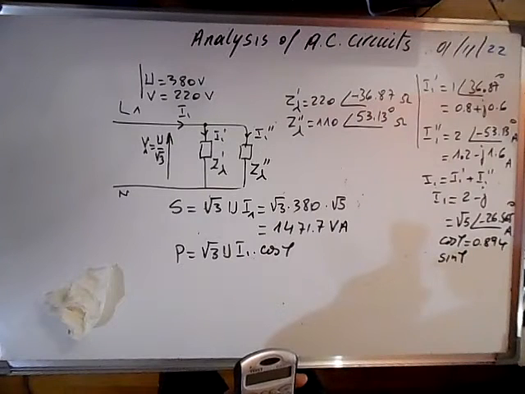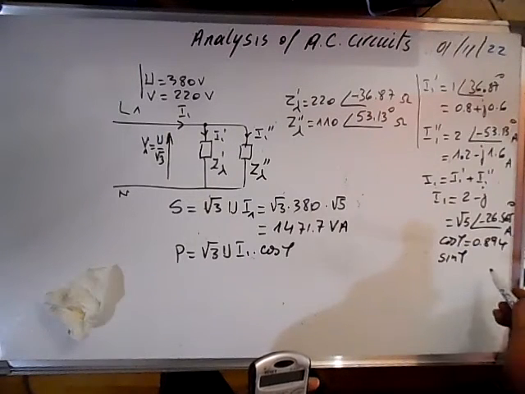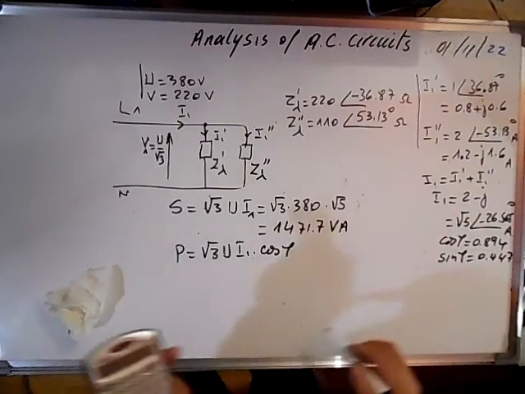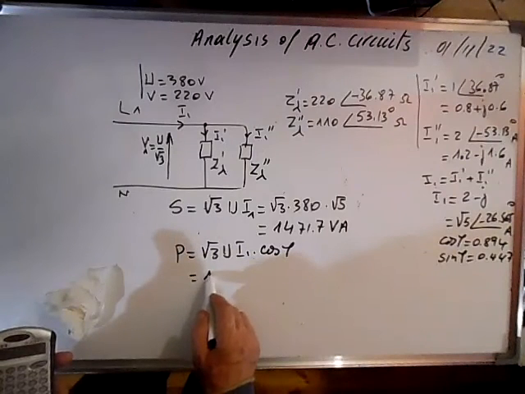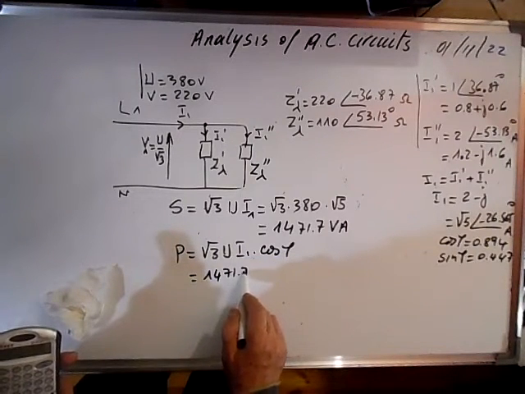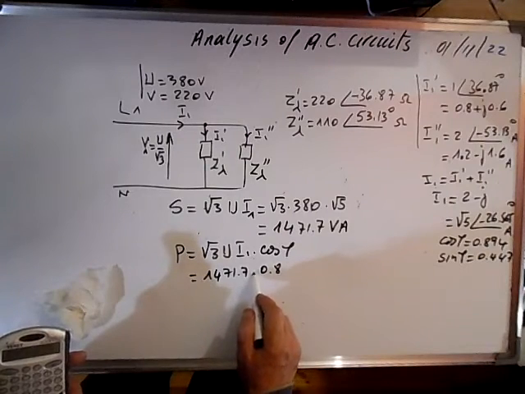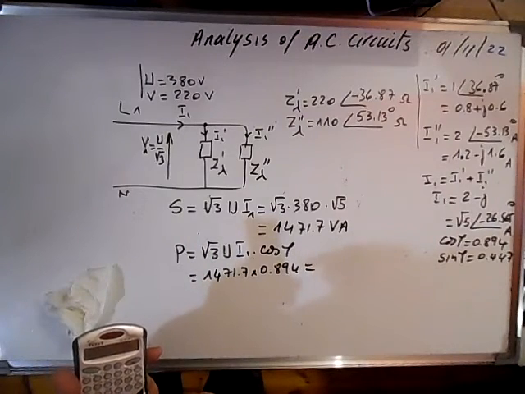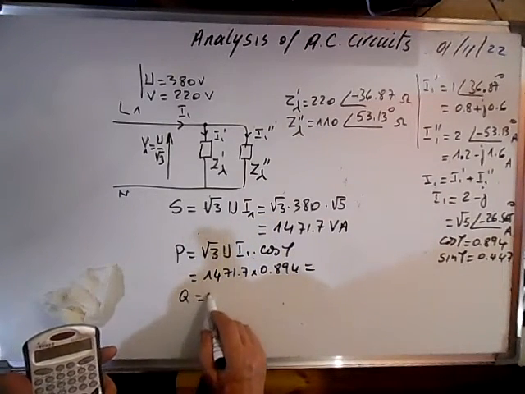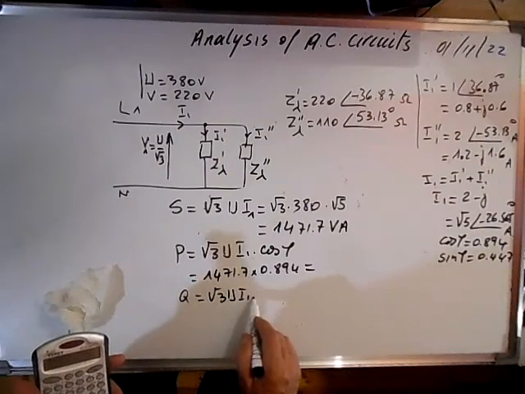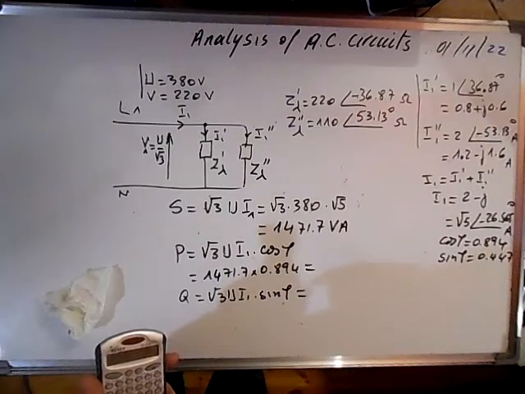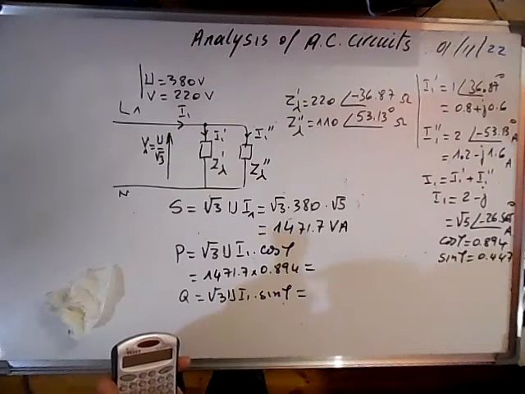So we can calculate P: 1471.7 times 0.894. Q is square root of 3 U I1 sine phi, and this will give us 1471.7 times 0.447.